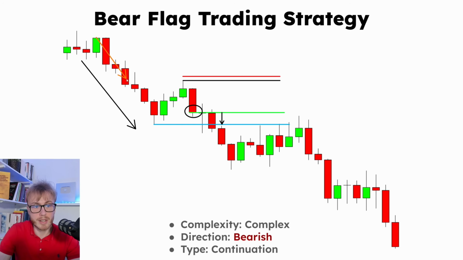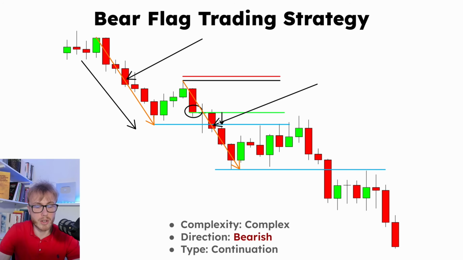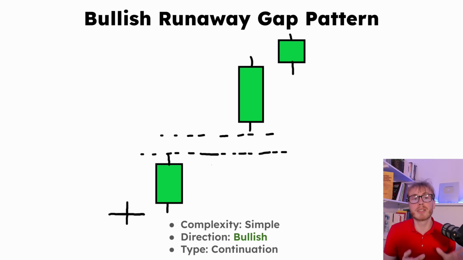So you measure from the swing high to swing low before the pattern. Then you take this exact measurement, you copy the length, and perhaps your profit target would be around this point. So what's important here is that the length of this move and the length to your target should be the same size.